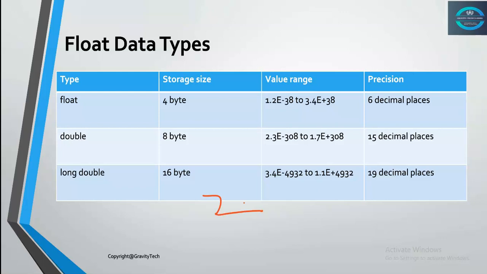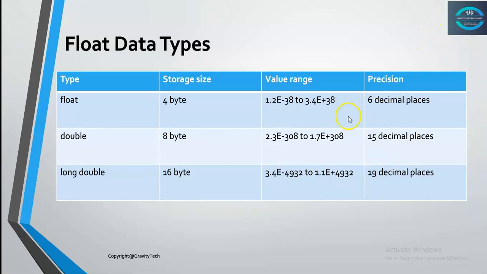Then how many numbers can you have after the decimal point? That is basically the precision. So you can have 3.421661. So at most you can have 6 values. If you give more than 6, it will only consider the first 6.